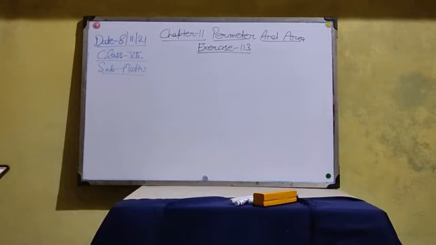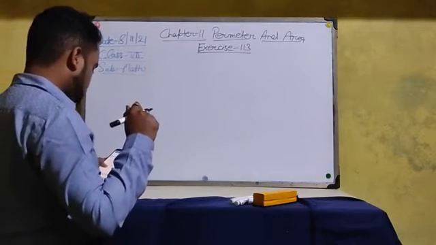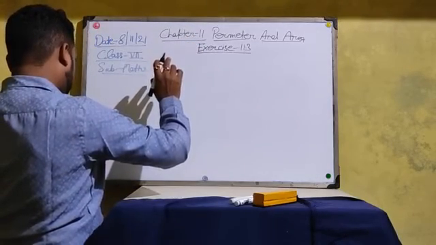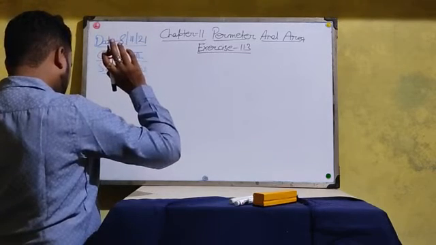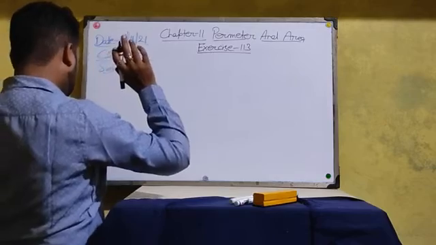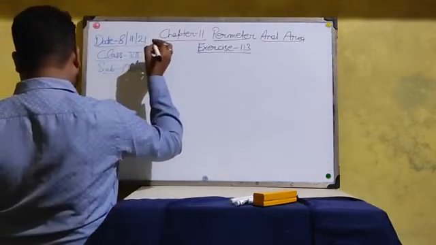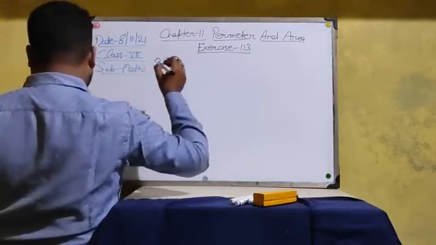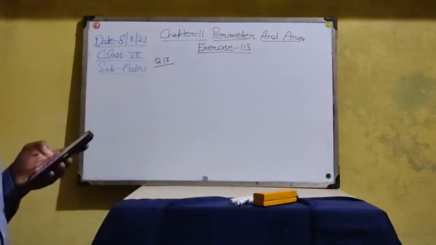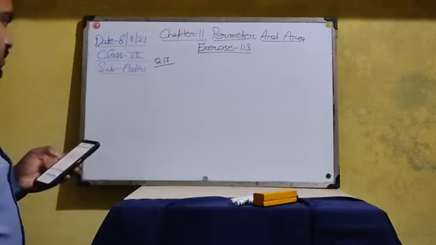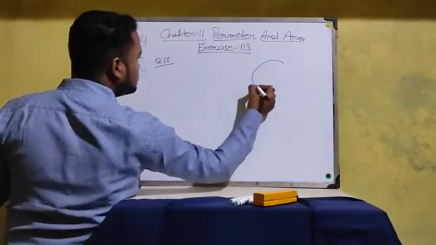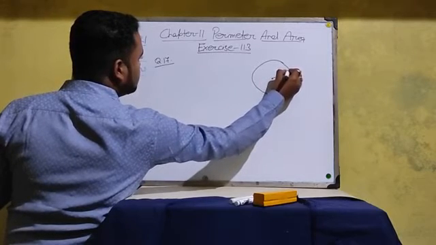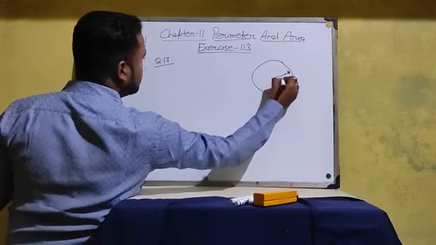Now we are going to solve the next question. Question number 17. The question is that the minute hand of a circular clock is 15 centimeter long. There is a clock, it has a minute hand, and it is 15 centimeter long.